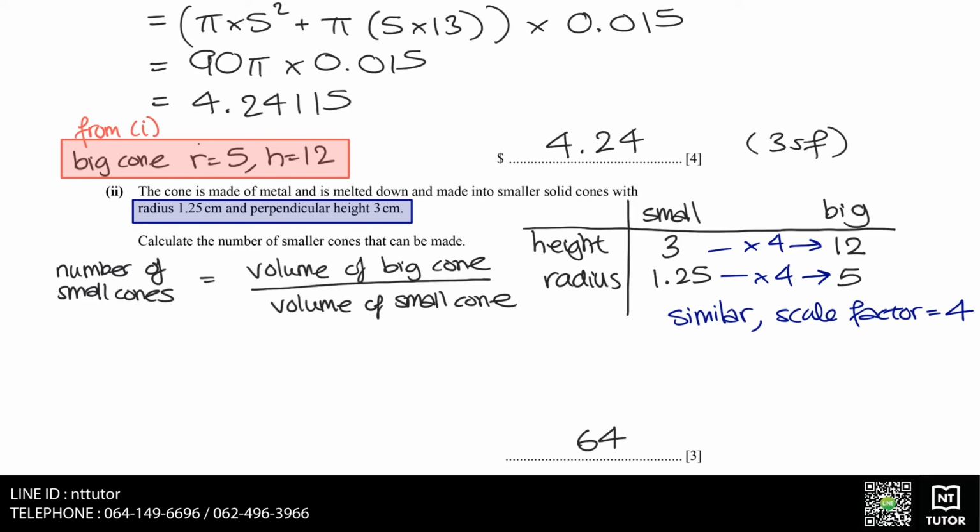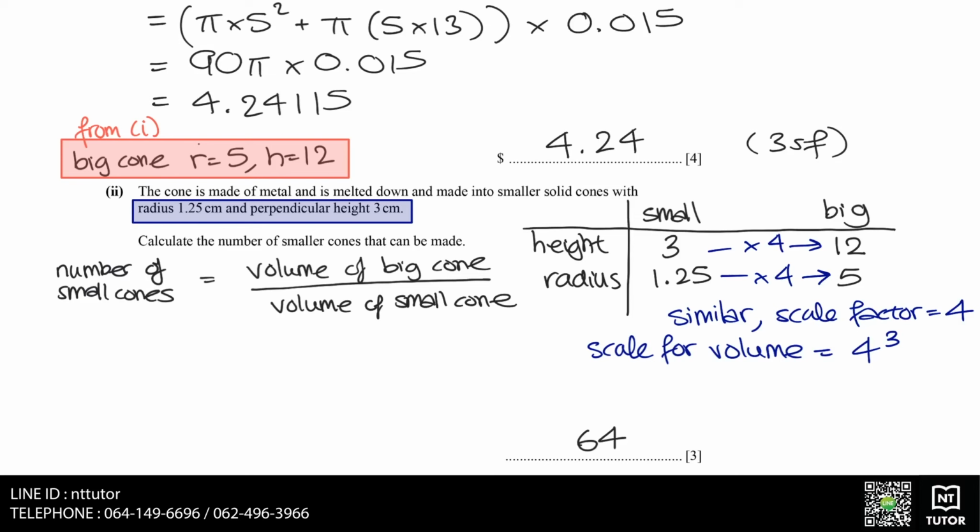And this also means that the two cones are similar, so we can use scale factors to solve this question. However, don't forget that when you're working with volume, you need to cube your scale factor. This means that the scale factor for the volume would equal 4 to the power of 3.